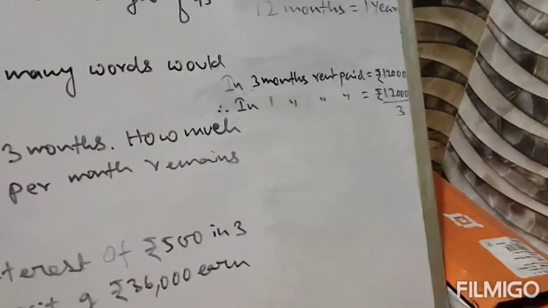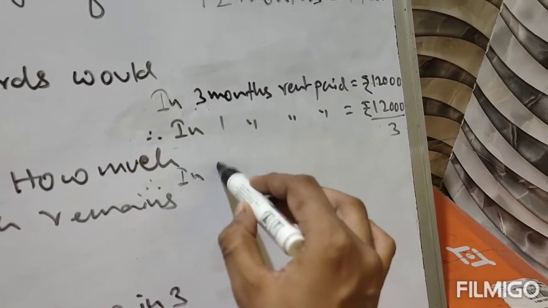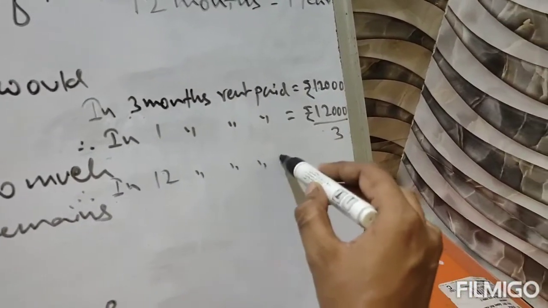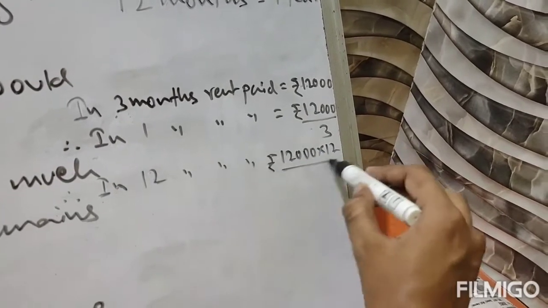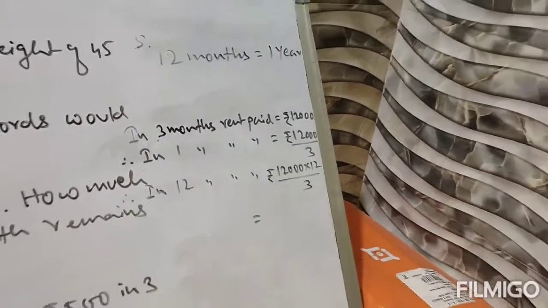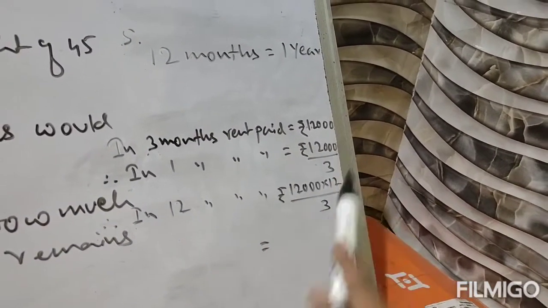Decrease means divide, so 12,000 divided by 3.